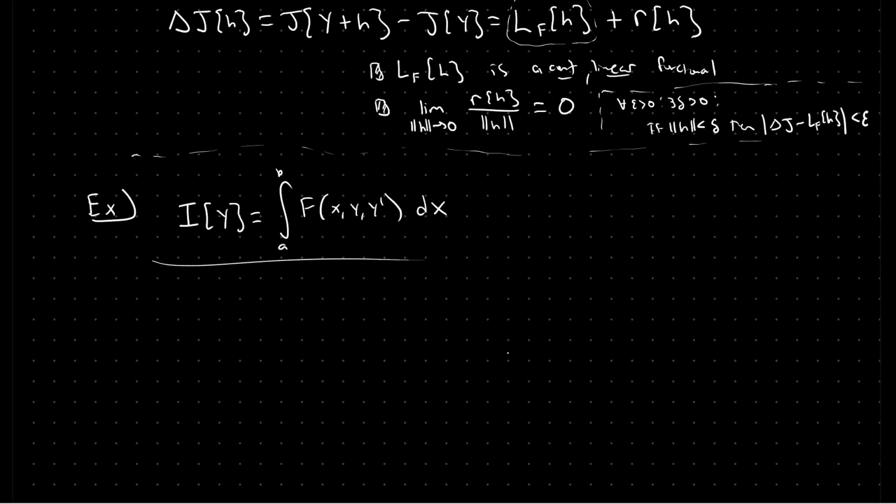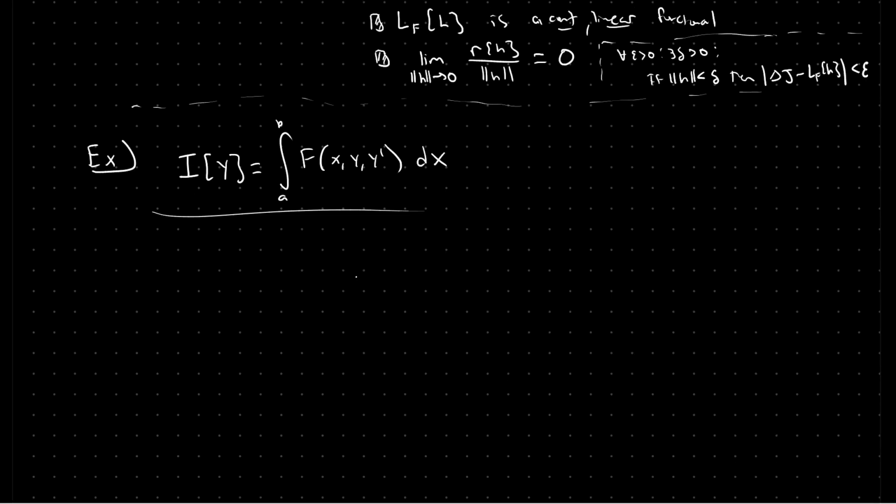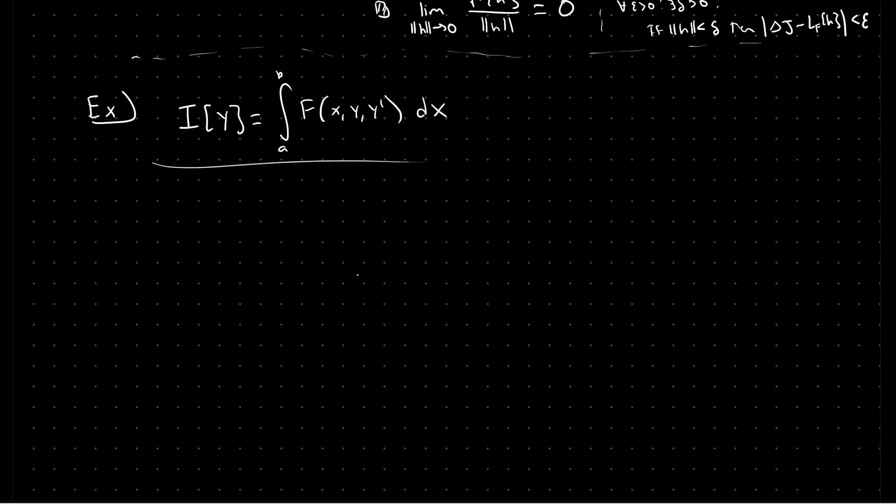I'd like to go through and show what this is going to be, and it turns out that under some relatively simple assumptions on the function y, we have a very, very nice result.